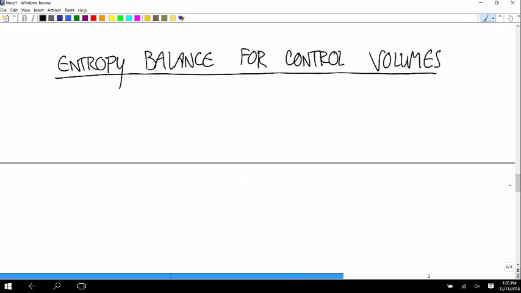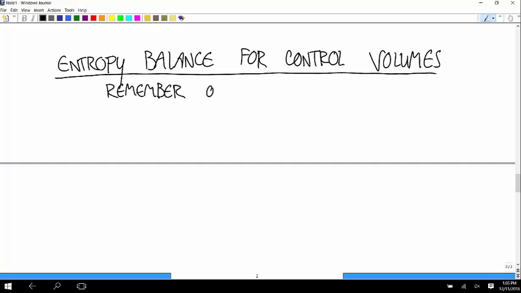So just as a reminder, remember how we approached our study of the first law. First, I'll start with the differential form of the first law.